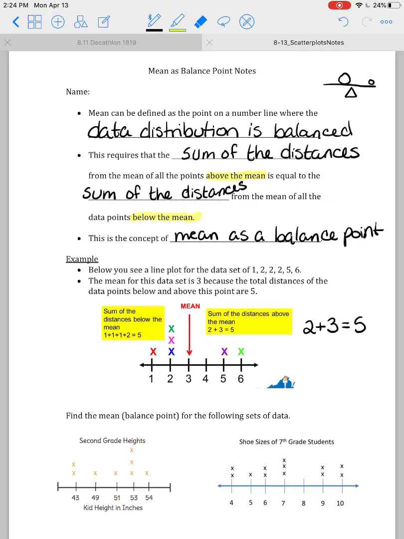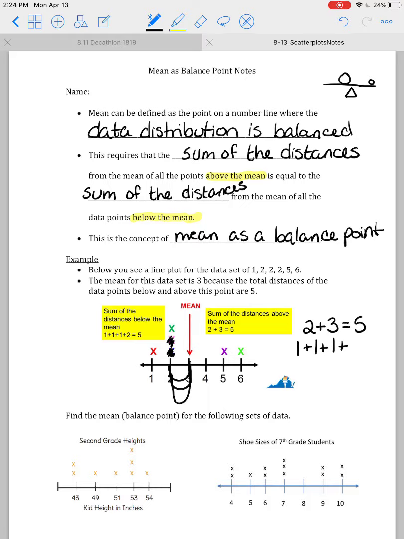Now let's look at below the mean. 2 is only 1 away from 3, so that's a distance of 1. What makes this different is that's only for one of these X's. So let's talk about the pink X. It is 1 away from 3, so we add a distance of 1. Same thing for that green X. It is 1 away from the mean, so we add a distance of 1.